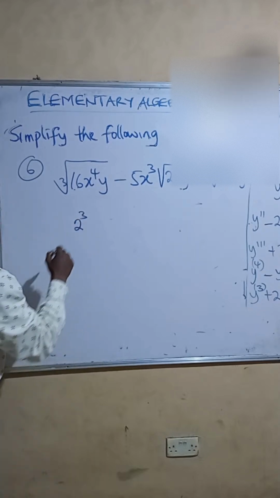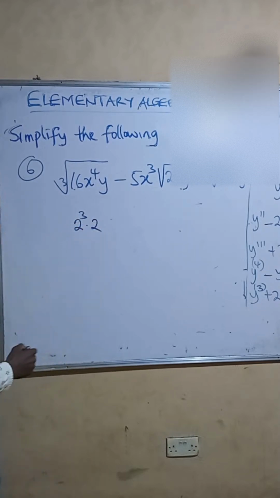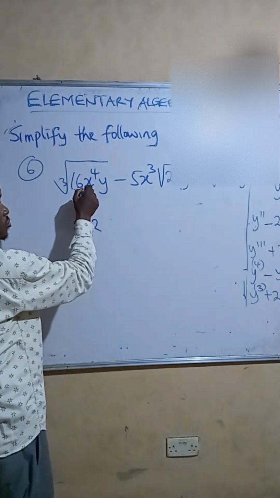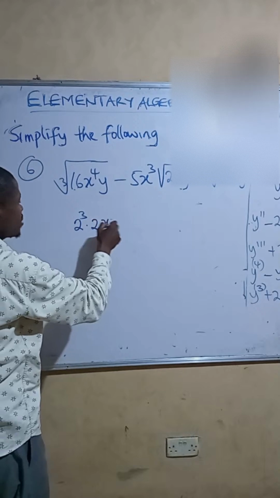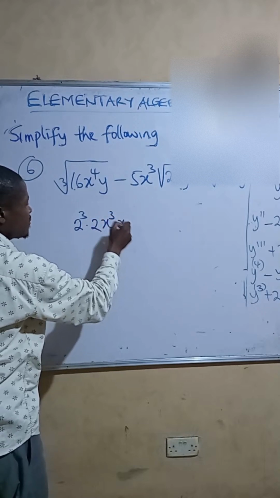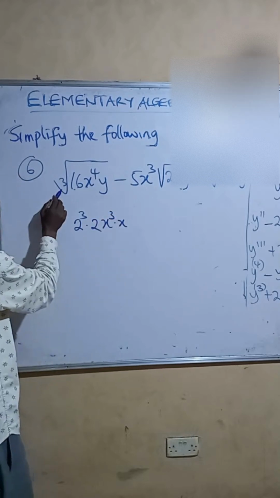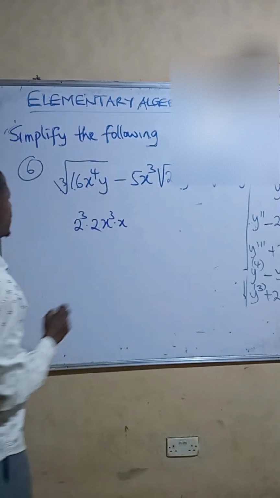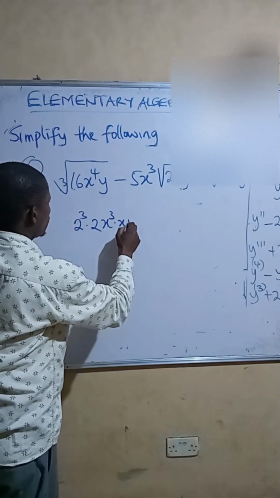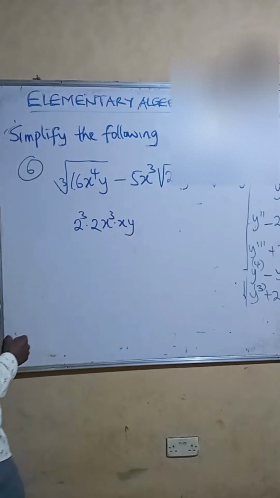Yep. That's 8 times 2, that's for 16. And then split this one into 2. We have x to power 3 times the fourth one. So by the time I remove the cube root, these 3 we cancel there. So we have y there.